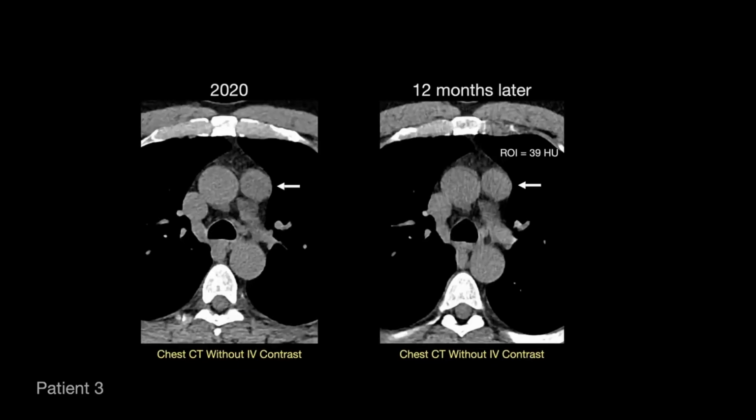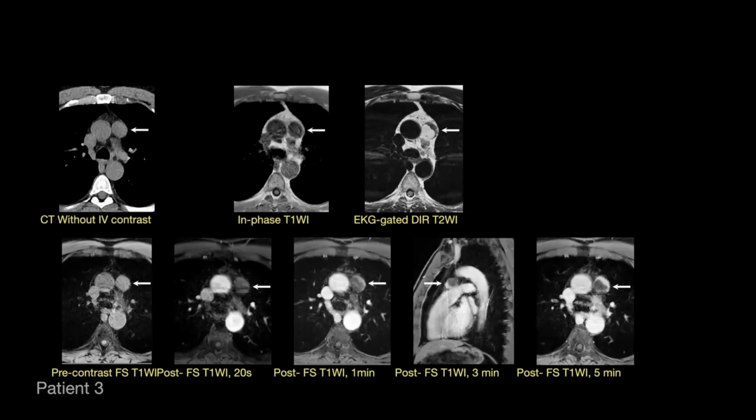Here's the third patient. The lesion in that left prevascular mediastinum or thymic bed was stable. By CT, 12 months later, it looked identical. It measured 39 Hounsfield units. So what is it? Luckily, an MR was ordered. In this particular case, it was both cystic and solid. And in fact, it had a regular thick wall enhancement, particularly on the left lateral side of the lesion.